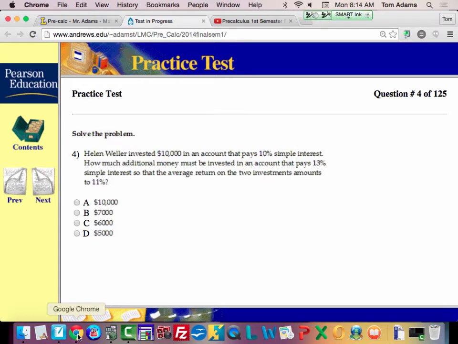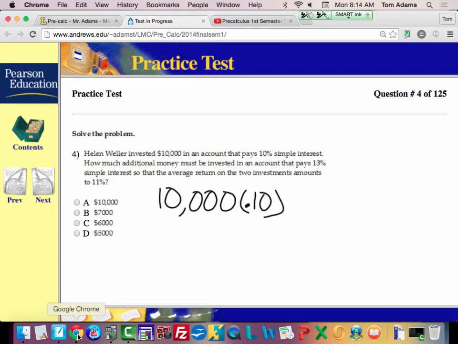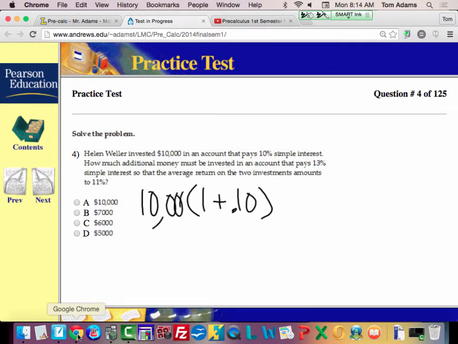Okay, so here's how we've got to do this. She's got 10,000 times 0.10, plus... well, let's talk about this first. She's got the 10,000, she puts it in the bank.